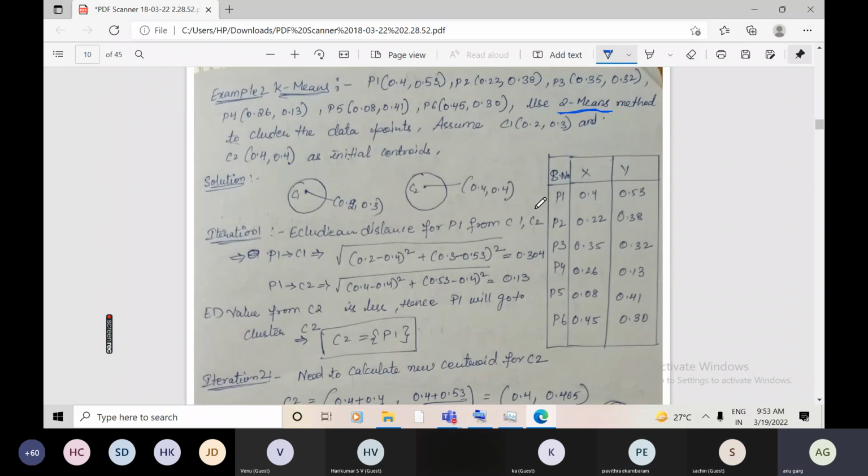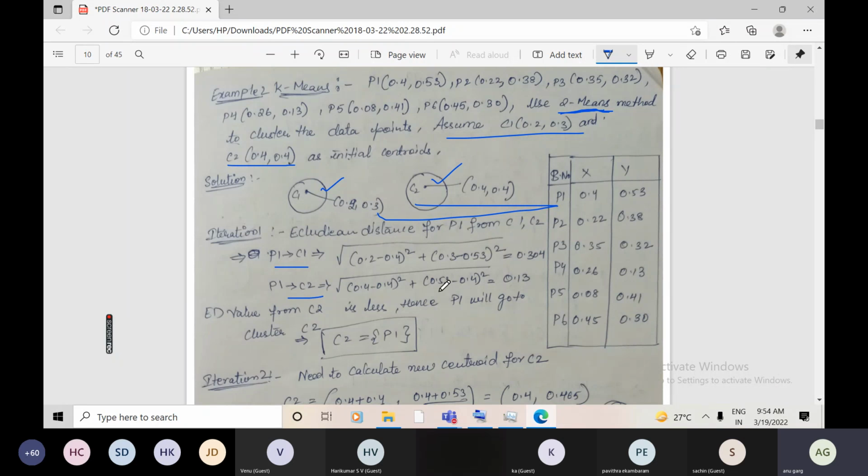Okay, let's move on. This is the next problem. Here you see we have been given all the points, and in this problem they have told us to find using the two means method. You have to cluster these data points, and here they have given us the centroids C1 and C2. That means you have to do two clusters, and they have given the centroids. Now for each row you need to find the distance, P1 to C1 and P1 to C2.